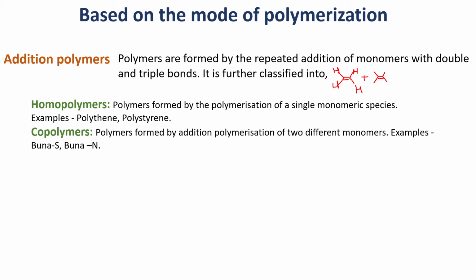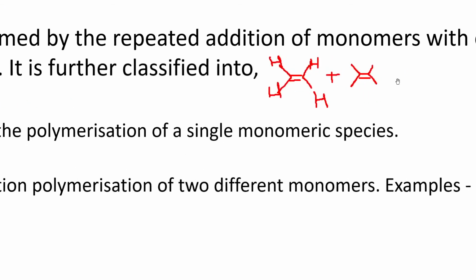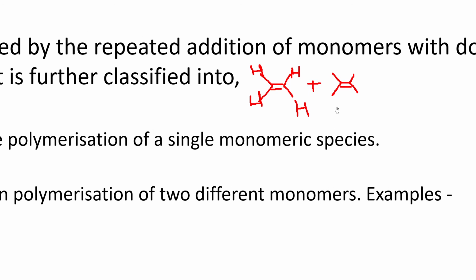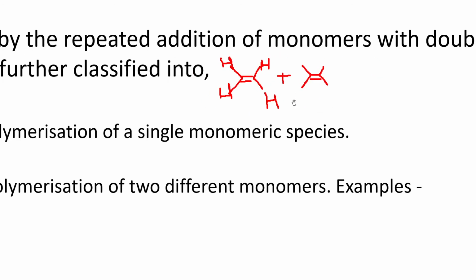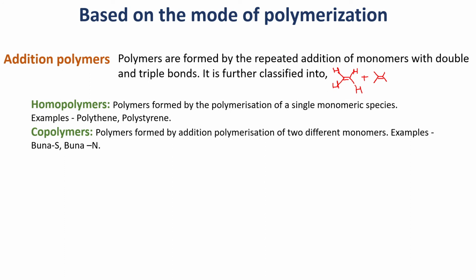If these two ethene molecules combine, that means a dimer will be generated first.